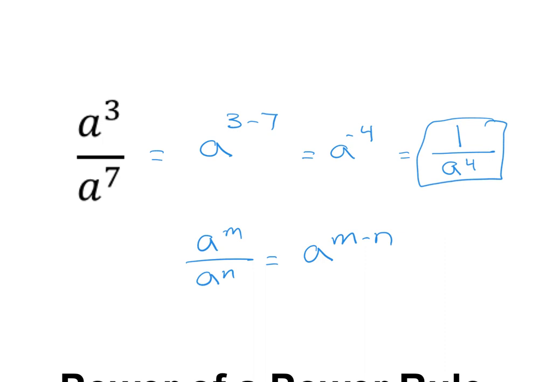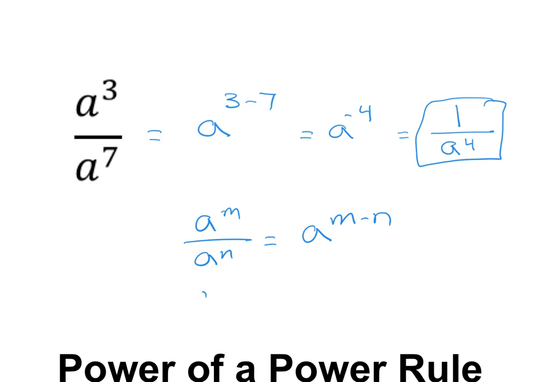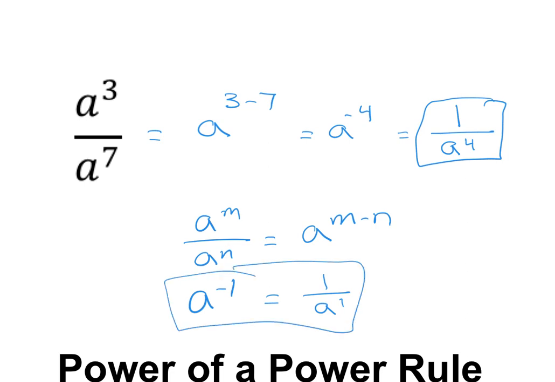If it's in the denominator, move it to the numerator and make it positive. The basic rule for that is a to the negative 1 is equivalent to 1 over a to the 1st.